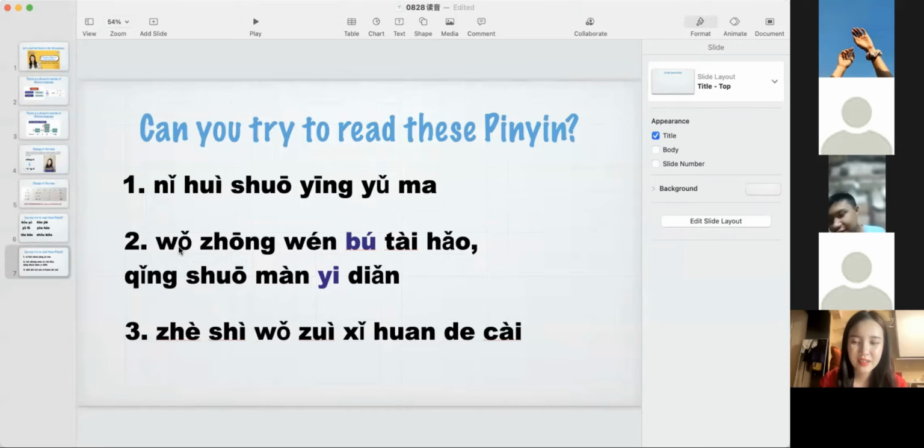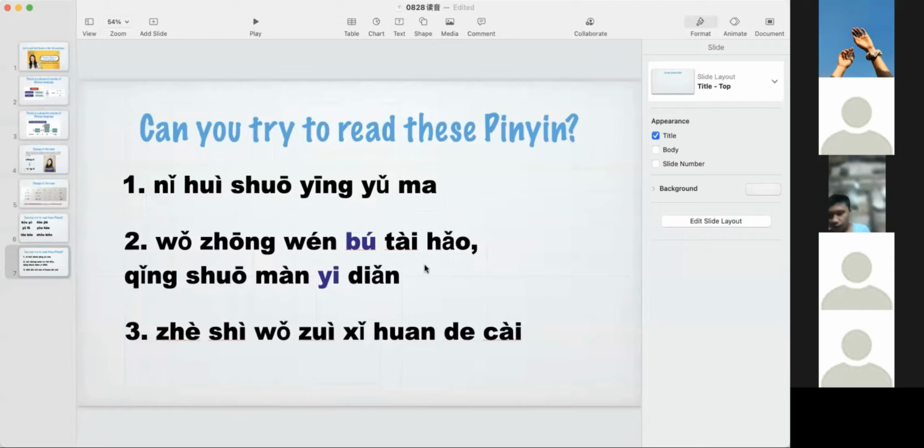Let's read the correct tones, okay? 我中文, 中文不太好. 不太好, yes. 请说慢一点。Perfect. Your second line is really perfect.